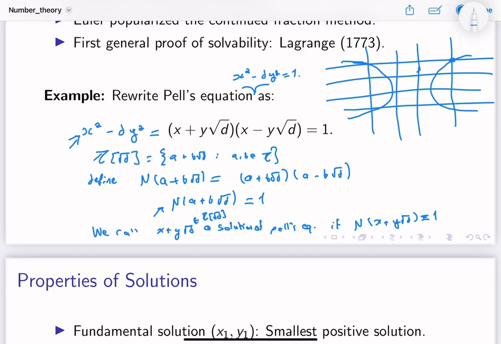Okay, but this immediately brings up the issue: when we talk of a solution of Pell's equation, can we really talk of the solution of Pell's equation, or is it really biased to say that?